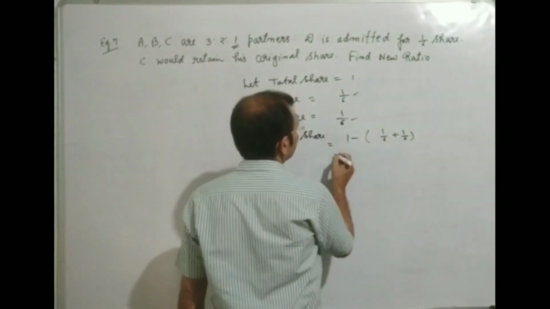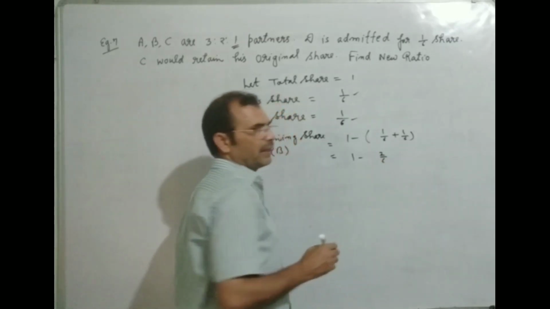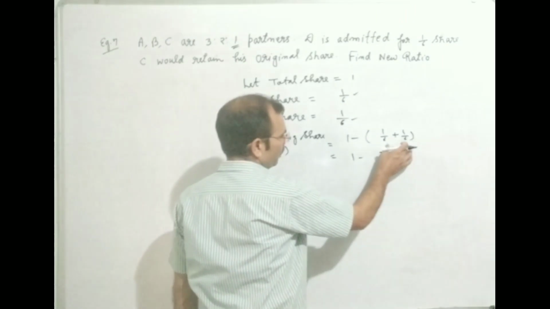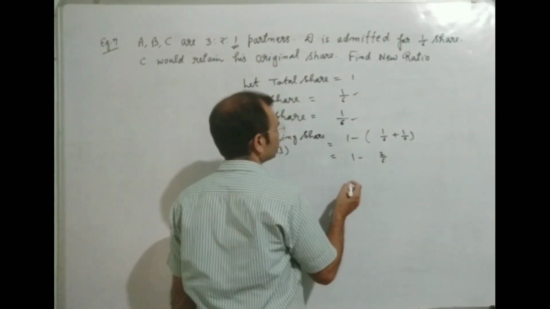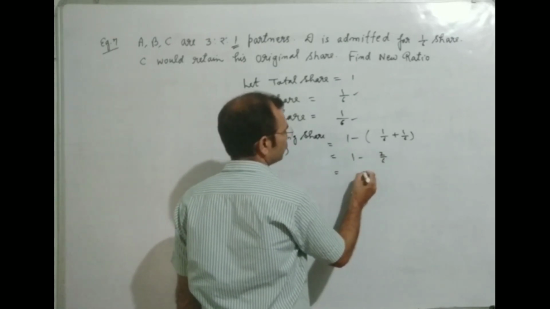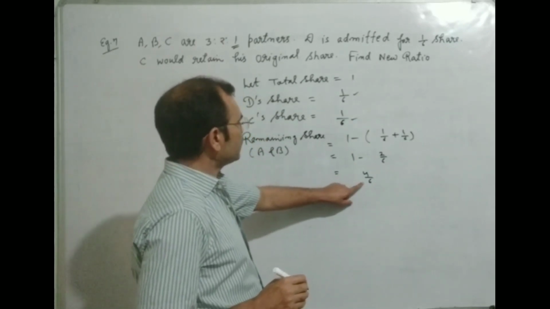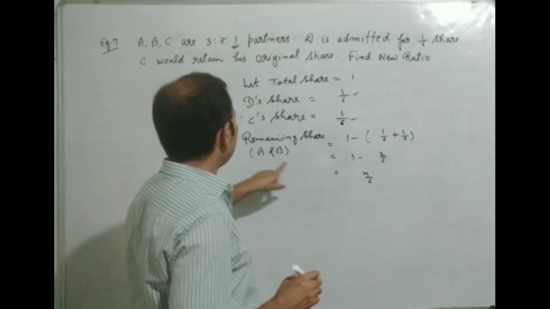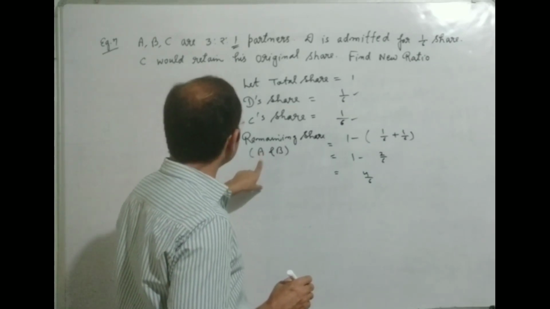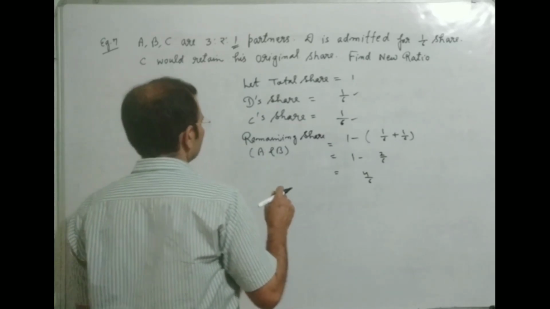Since the denominators are the same, we can add both of these directly, which gives 2/6. Now 6 minus 2 is equal to 4/6. This 4/6 will be the part of the remaining partners, A and B.